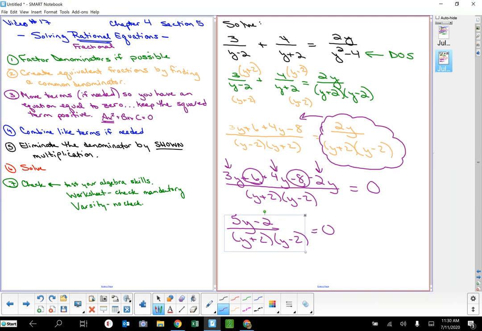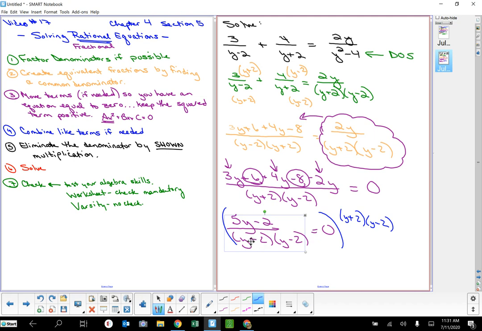All right, so that being said, notice step 4, blue, we did it. Combine like terms if needed. 5, eliminate the denominator by shown multiplication. So we're going to take this whole thing, the entire problem, and we're going to multiply by the current denominator, which is y plus 2, y minus 2.